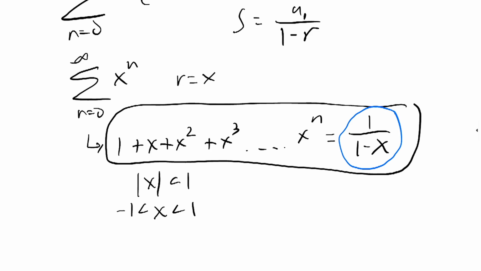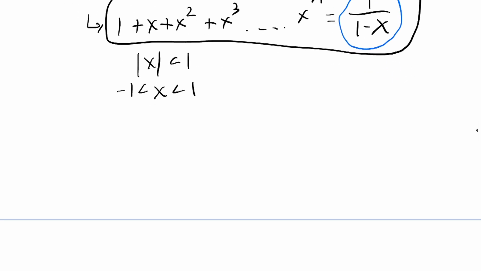It's kind of annoying. But we can now represent this function as an infinite polynomial. And that is the entire idea of a Taylor series, that we can represent functions as infinite polynomials.